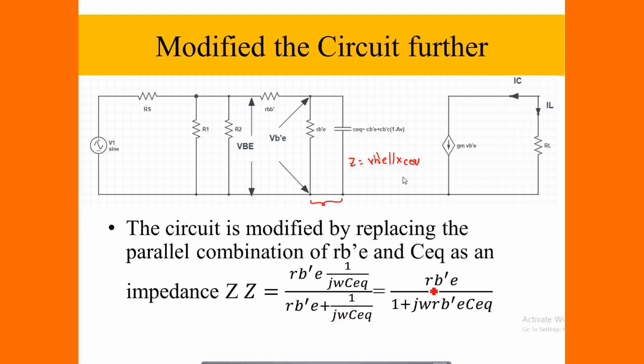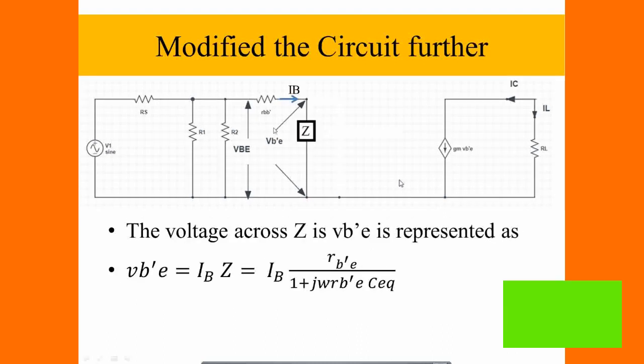Further minimizing this, we get RB-E by 1 plus j omega RB-E into C equivalent. And the circuit is modified like this. Over here, Z is nothing but RB-E by 1 plus j omega RB-E into C equivalent.